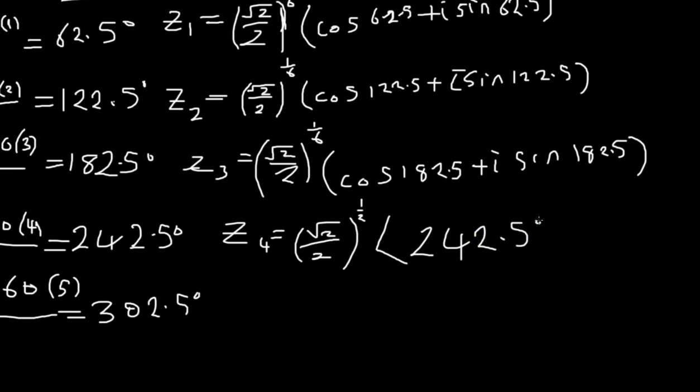It's just another way of writing polar forms. So my Z5 will still be the same, the root of 2 over 2, open and close brackets, to the power, sorry, not 1 over 2, but 1 over 6, and then the argument is 302.5.